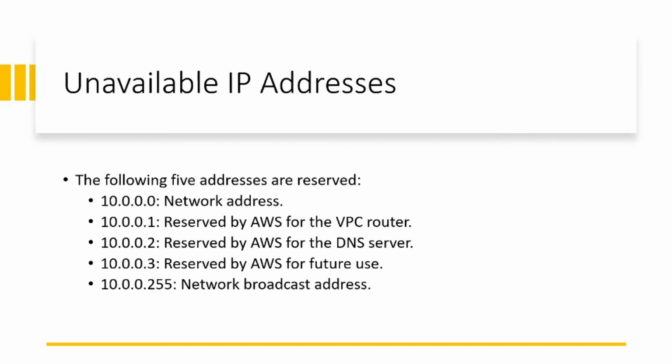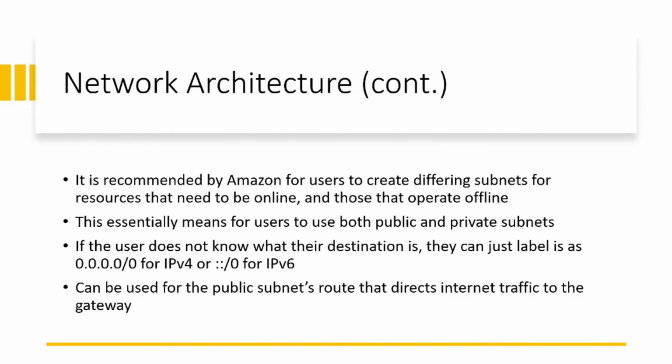The 0.2 is reserved for the DNS server. The 0.3 is reserved by Amazon just for future use if they ever needed it. And the last address in the range, the 255, is reserved for network broadcast. So you can't use that one as well. You can't use any of those, but any others you can use.